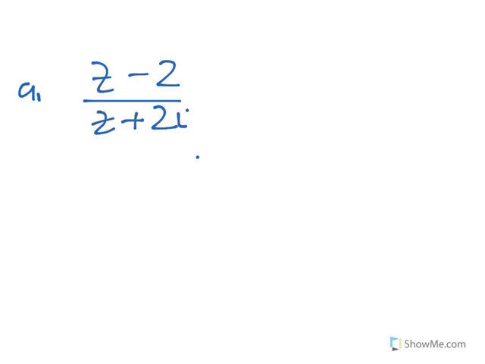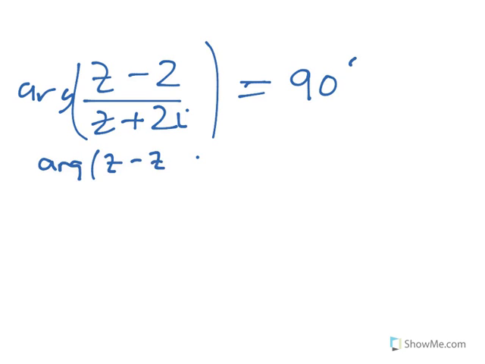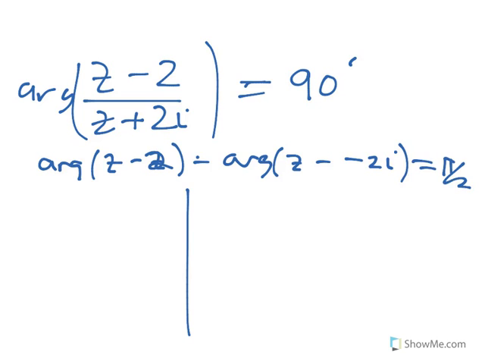Now, if we shift that about and now we go (z − 2)/(z − 2i) and you put an argument in front of it, and the angle of this particular complex number is always 90, or pi on 2, then what you're looking at here is arg(z − 2) − arg(z − 2i) equals pi on 2.